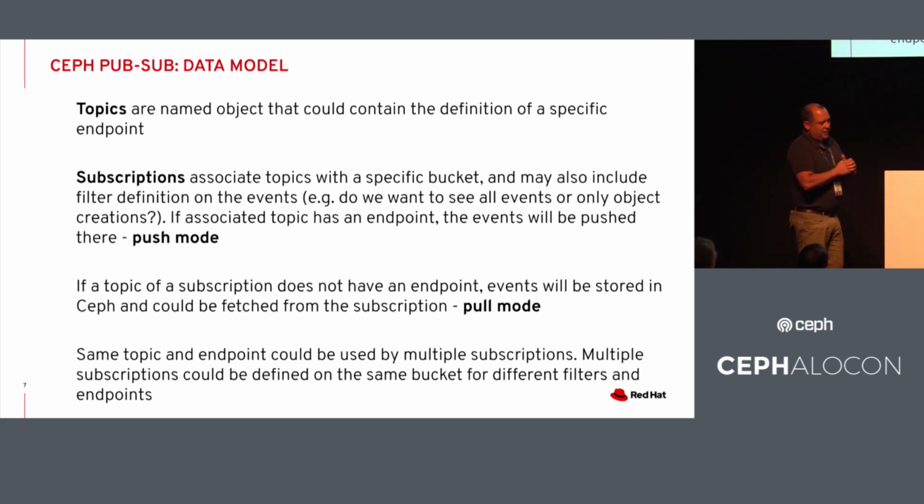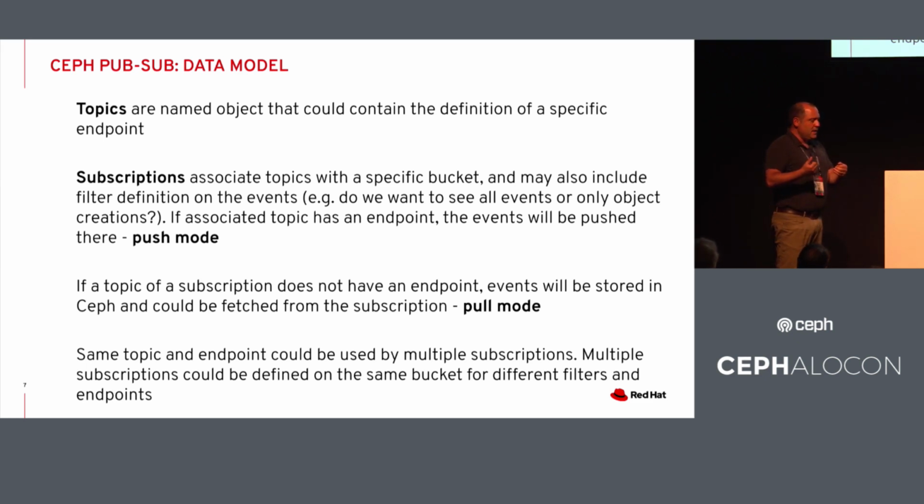A couple of words about the data model. How do we define, configure or provision the system to use PubSub? The first building block that we have is topics. Topics is the term taken from Kafka and AMQP to define some classification of messages, because this is what those message brokers eventually use to send those events all over the place where people need them.